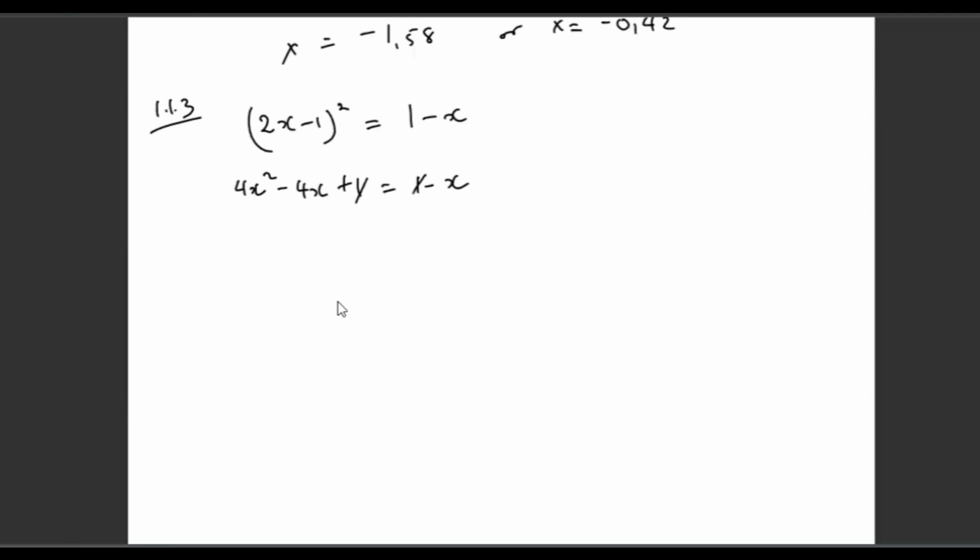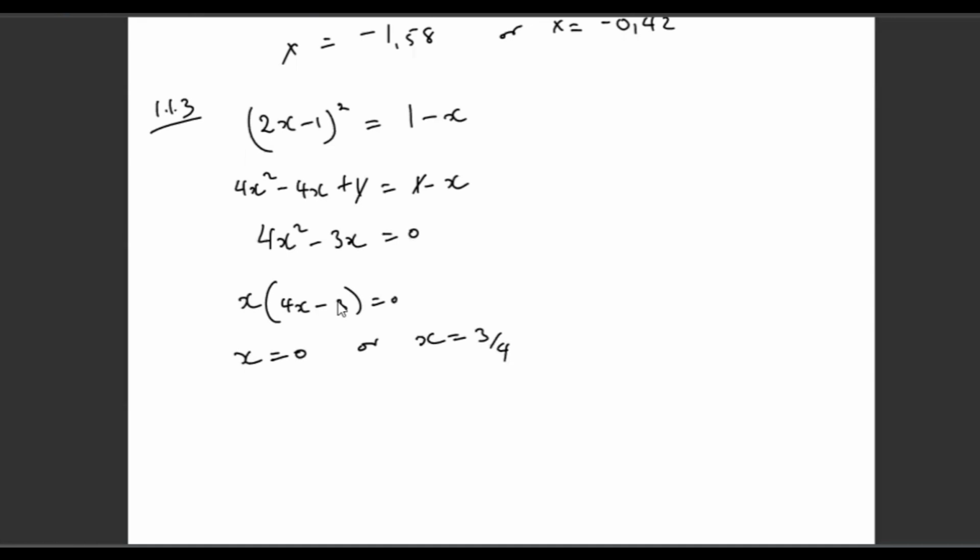So we know that this one and this one will go, and I'm going to have 4x squared minus 3x is equal to 0. So I'll factor out what I see as common. I'll take out the x. I'll be left with 4x minus 3 is equal to 0. So either x is 0 or x is 3 over 4.